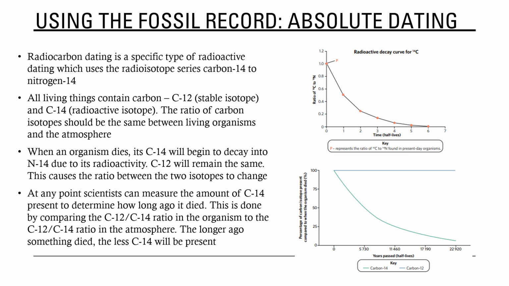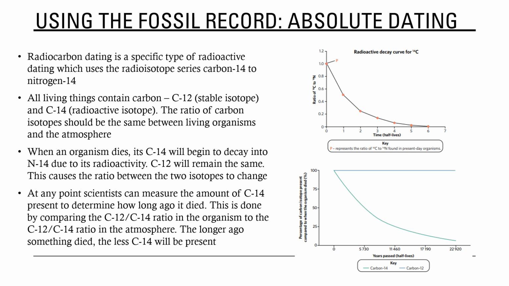We know that all living things contain carbon. They contain the stable isotope of carbon, of course, and we also contain some radioactive isotopes of carbon as well. The ratio of carbon isotopes is the same in living organisms and the atmosphere. So the amount of C12 equals the amount of C14 in all living things.